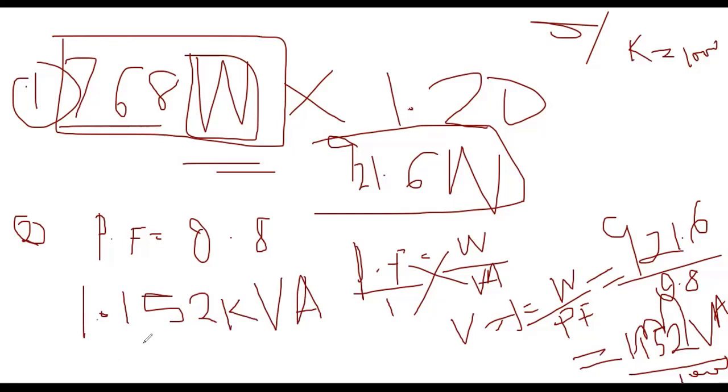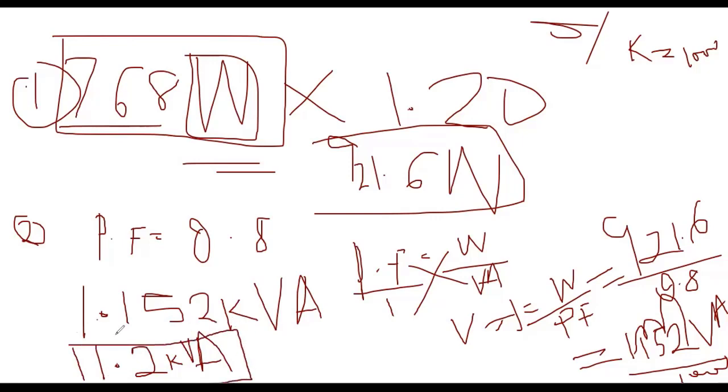So the question is, can I find an inverter of 1.152? If I approximate this to 1.2, yes, in the Nigerian market you can find a 1.2 kVA inverter. So this will be the recommended inverter size.